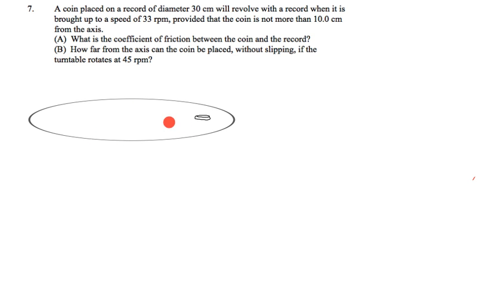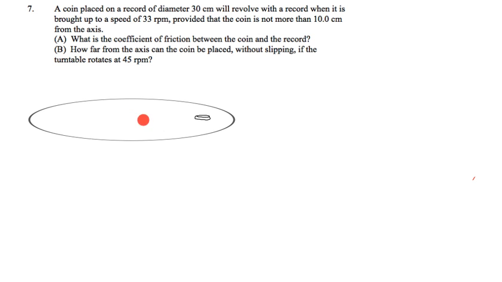If I had the coin right in the middle, there's not even a thread of it slipping, because it's just going to rotate. If I have it a little bit away from the center, it's going to move through a small circle. The smaller the circle, the smaller the velocity.